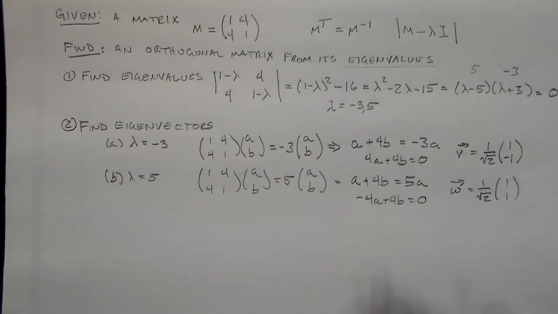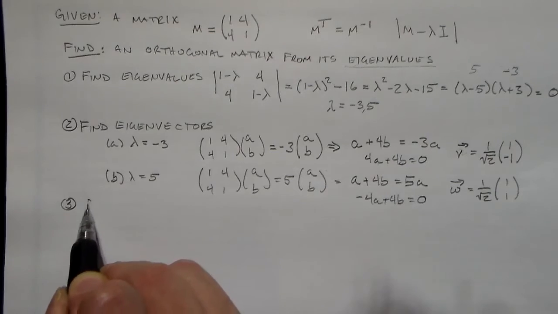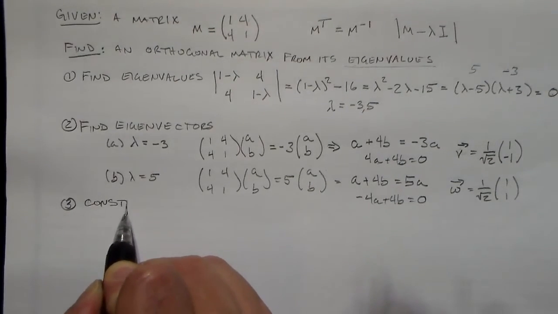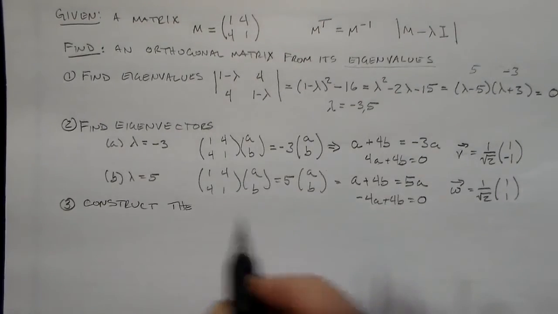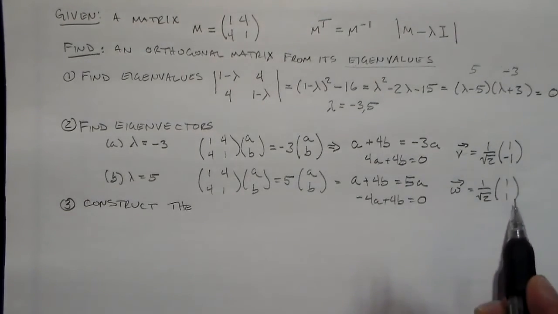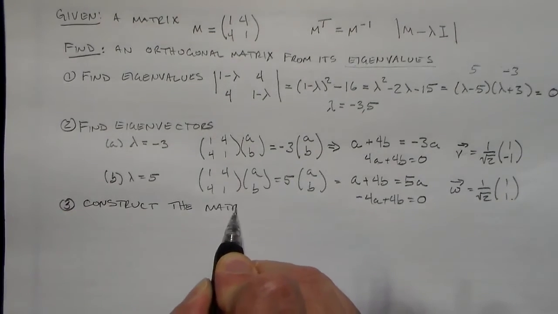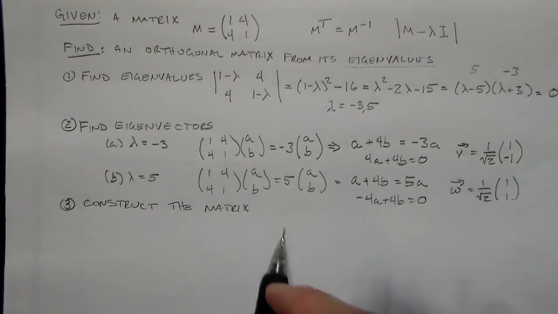And then we need to construct the matrix. Like I said previously, when we construct this matrix, all we have to do is use these two vectors as columns.